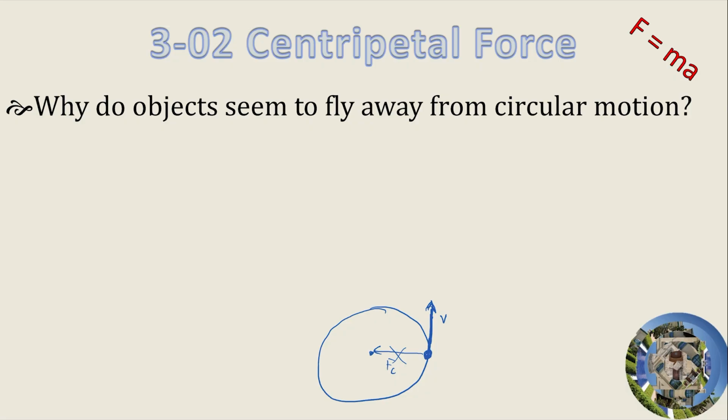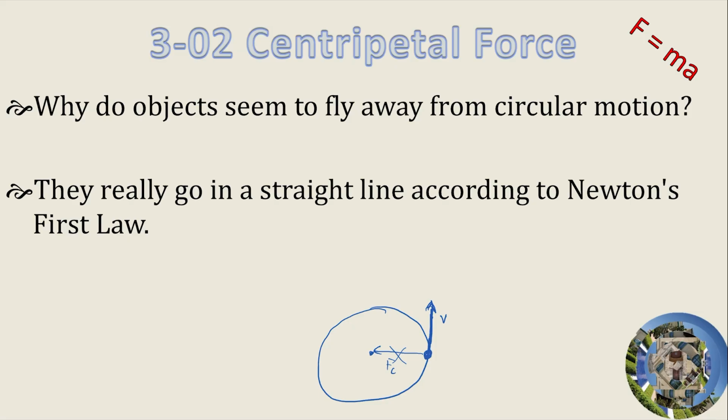It doesn't go straight out from the circle, it flies out tangent to the circle. So they really go in a straight line tangent to the circle according to Newton's first law, which is an object in motion stays in motion at a constant velocity in a straight line unless acted upon by a net force. So if there's no net force, it's going in a straight line.